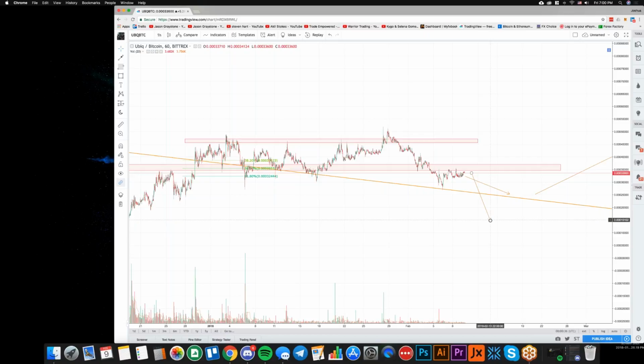So that's why a lot of people are calling for the standard base pair to become Ethereum or Ripple or something that is a little bit less volatile than Bitcoin is. Because Bitcoin's volatility is what is creating a lot of volatility in the altcoins, if that makes sense.